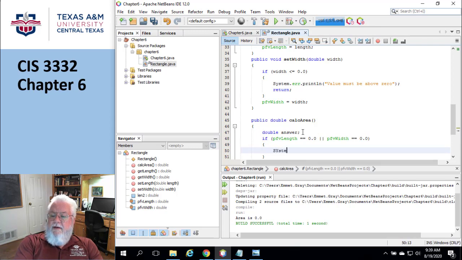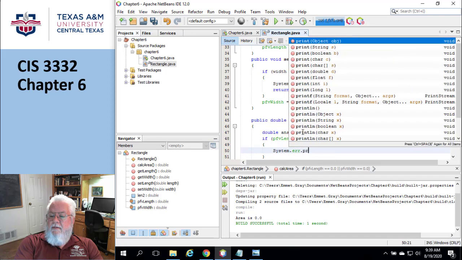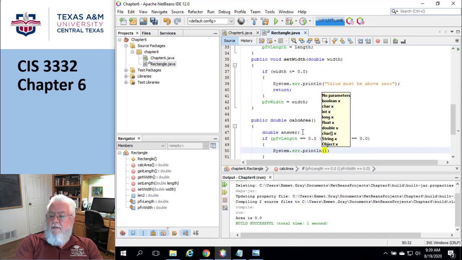Something that says, hey man, we're not ready yet. I'm not spending much time on these error messages. I probably should have something a little bit more sophisticated. But anyway, something along the lines of: both the width and length must be set.